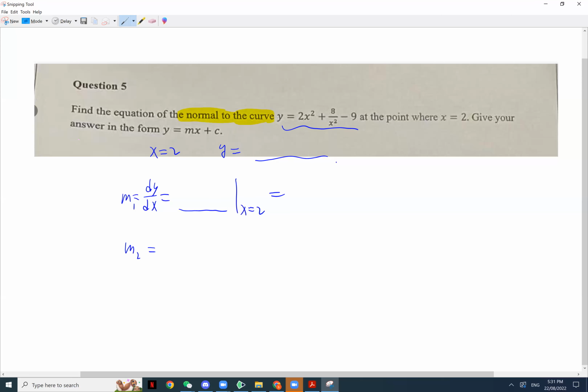We have a curve here. This is called the tangent. The gradient is just M1. This is called, now what's the name for this one?